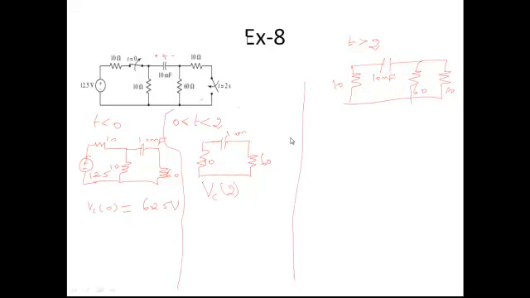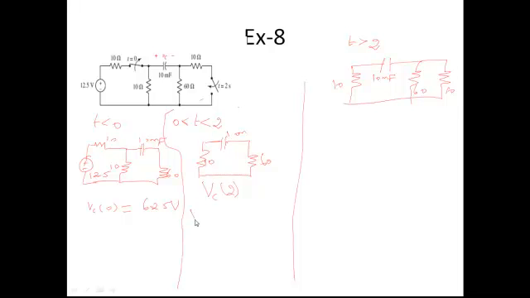The 6.25 volts, which is the steady state or final condition for the previous circuit, will act as an initial condition for this circuit. In this circuit, you can see there is no more energizing devices, so all the energy will get dissipated. At t equal to 2 seconds, within a fraction of a second, everything will get dissipated.